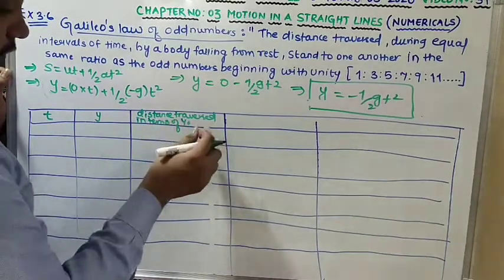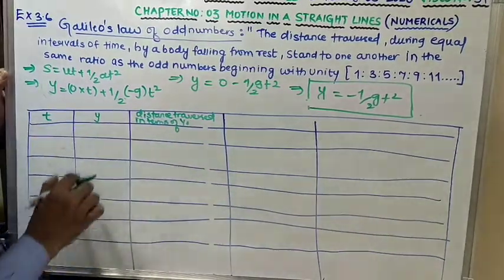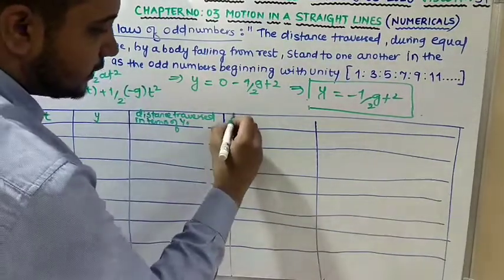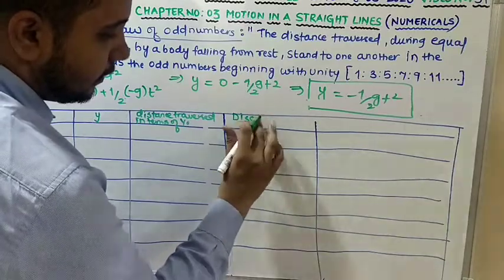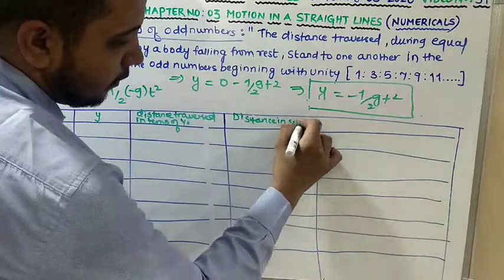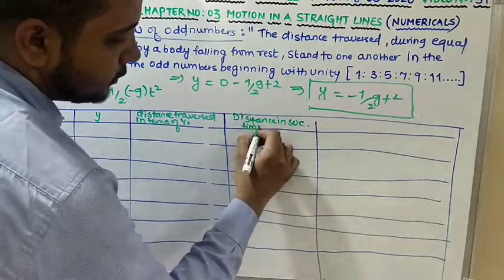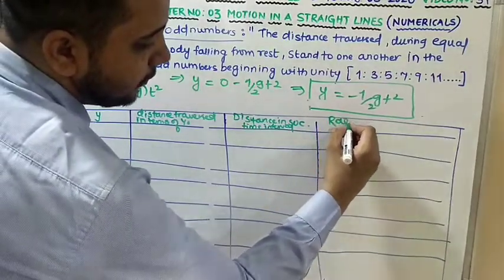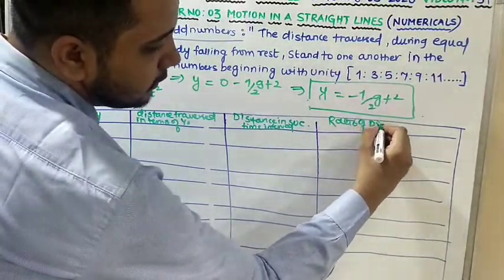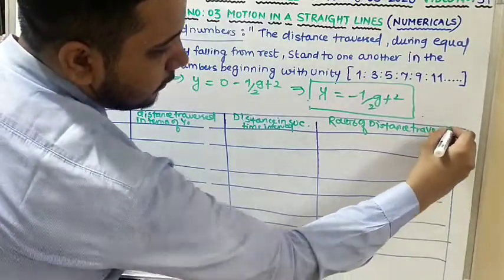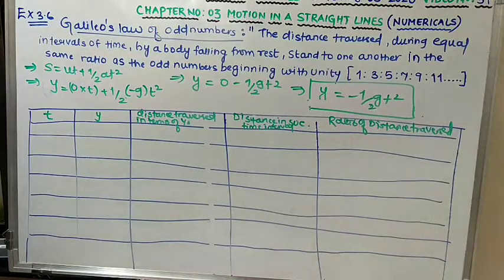In the table we are going to have t, then y, then y naught, then distance in successive time intervals, and last we are going to see the ratio of distance traversed. Is this clear?